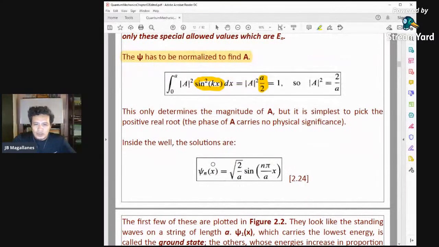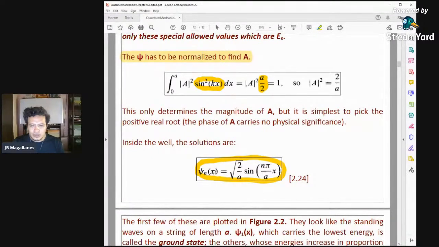So you can now write your wave function to be of this form. Your A is square root of 2 over a, sine n pi over a x. So you will have phi 1 of x when n is equal to 1, and 2.